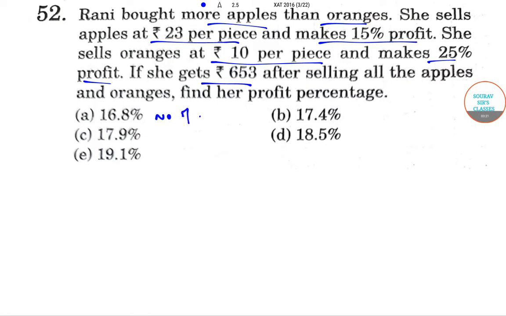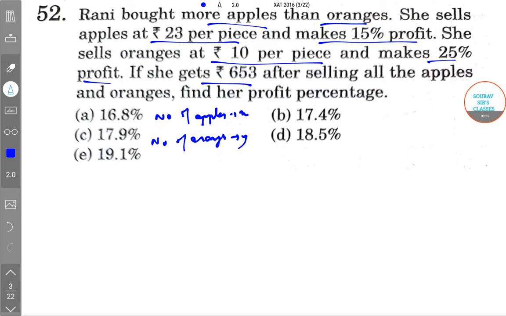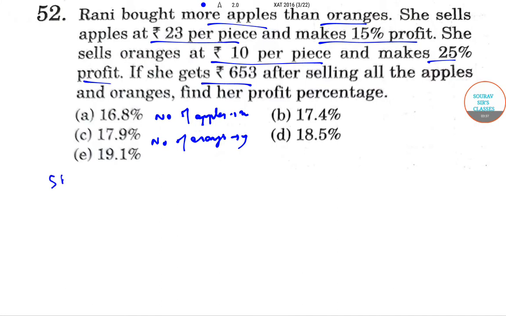Now let the number of apples be X and number of oranges be Y. Then SP of one apple is 23.